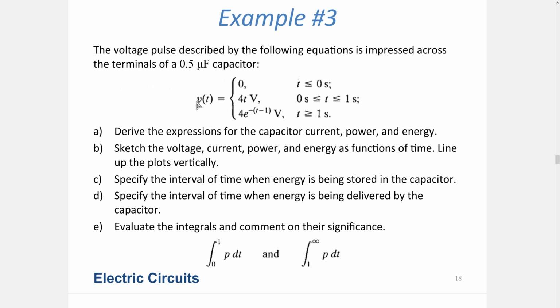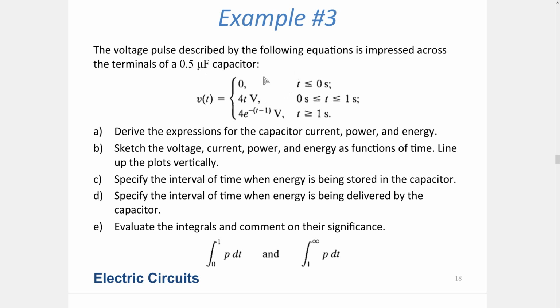So v(t) is defined as 0 for t smaller than or equal to 0, and between 0 seconds and 1 second it's 4t, so it's a linear function. And after 1 second we have 4e to the minus (t minus 1) volts.